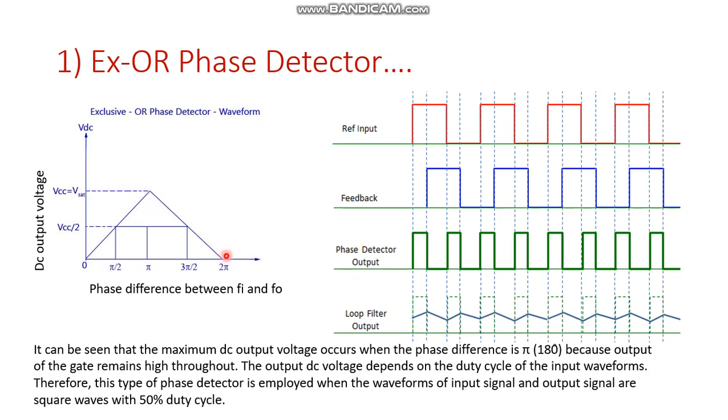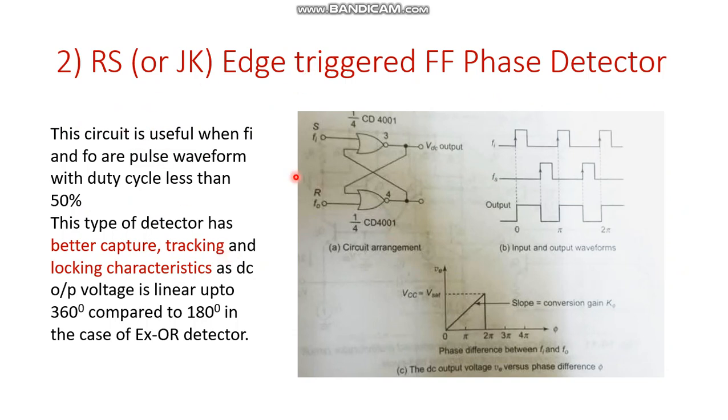So it was not linear throughout, but in the RS or JK triggered one, it is linear till 2 pi. That's why it is more preferred, and this type of detector has better capture, tracking and locking characteristics, as the DC output voltage is linear up to 360° compared to 180° in the case of the XOR detector.